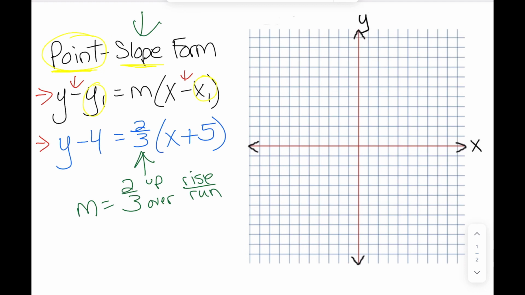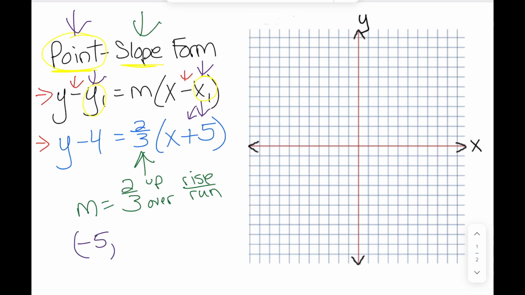Then we're going to look at the point that they give us in this equation. That's the x1, y1. But remember, the minus sign should be there. So when we look at the x1, and this has changed to a positive 5, then we know that the x had to be a minus 5.